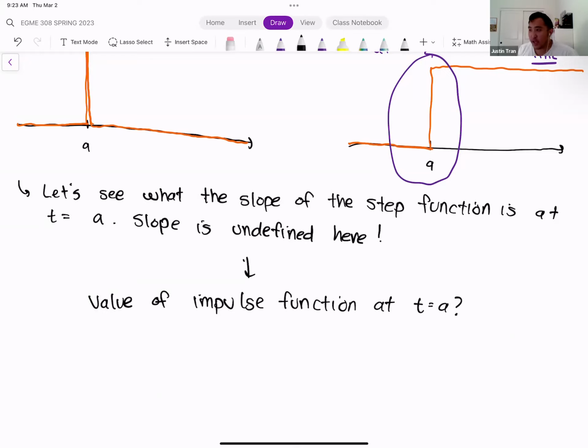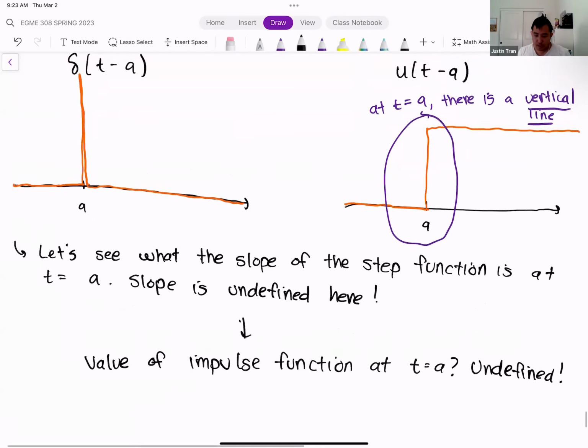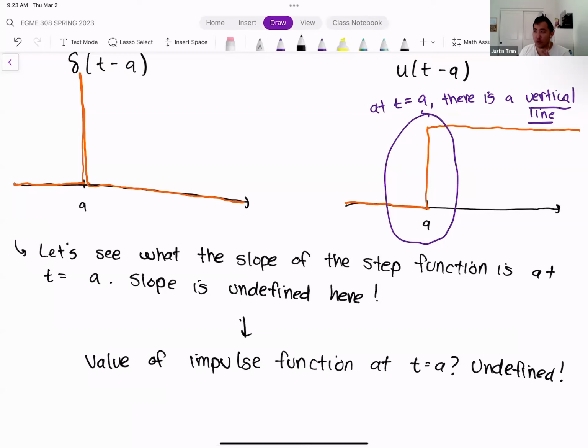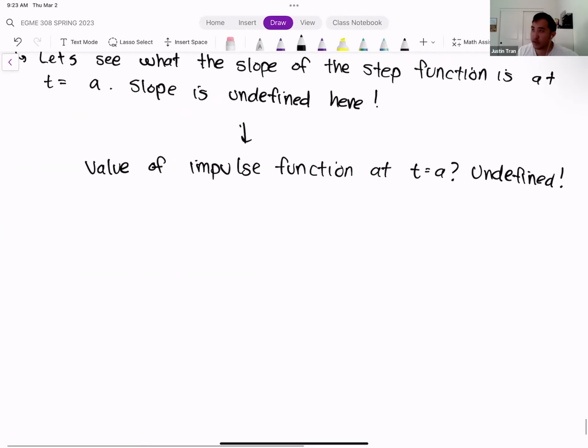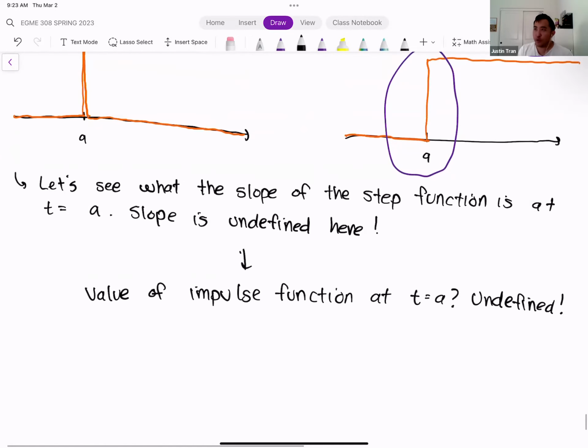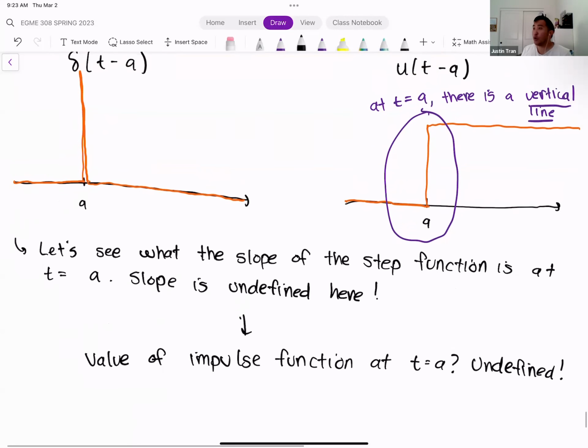Another way we can say it is that the value of the impulse function at t is equal to a is also undefined. So hopefully you're starting to see the relationship between the step and impulse functions. We know the slope of the step function is undefined at t is equal to a, and the value of the impulse function is also undefined at t is equal to a.